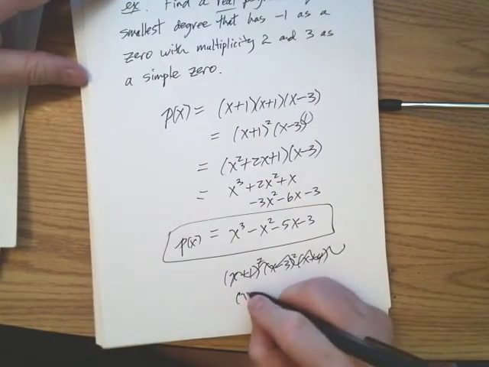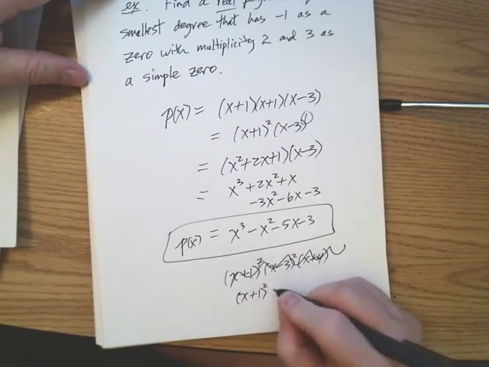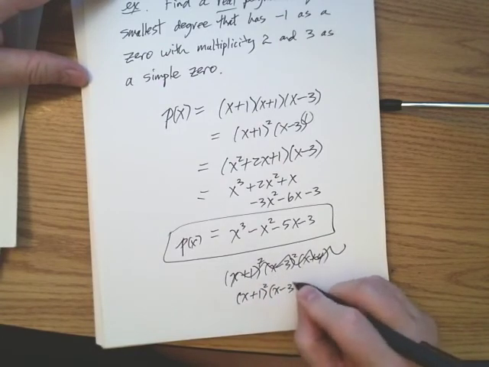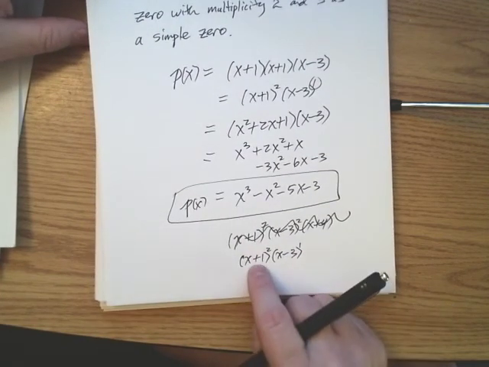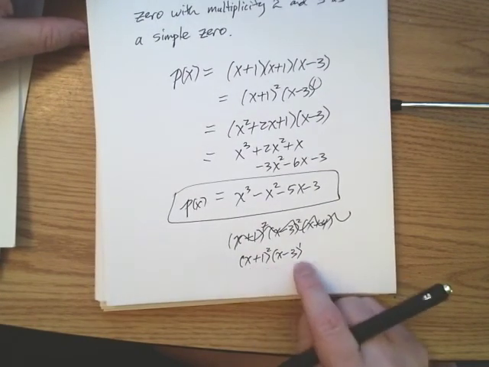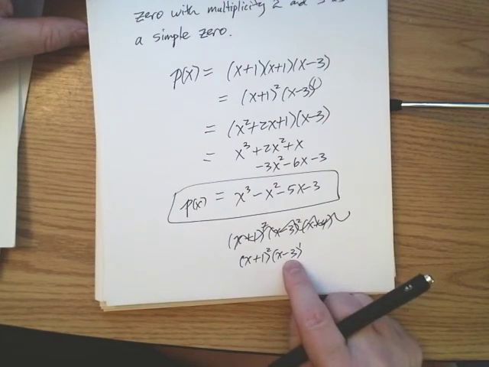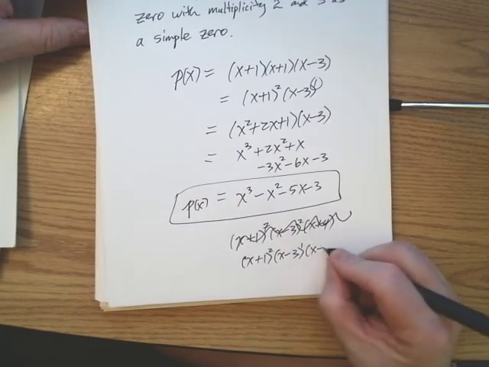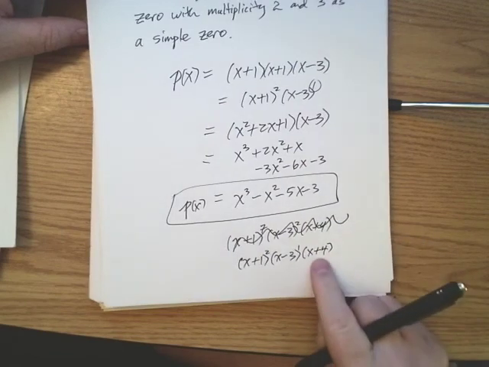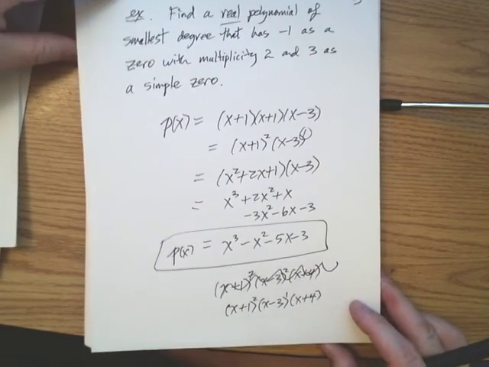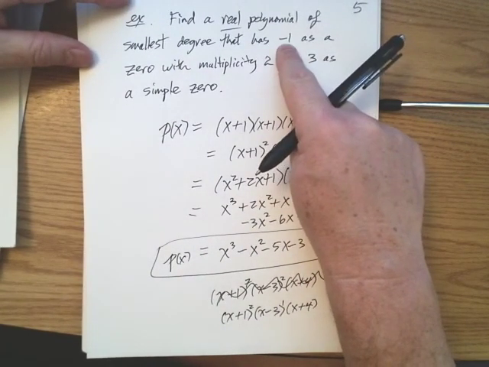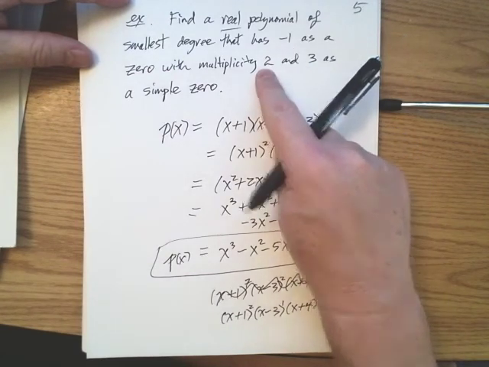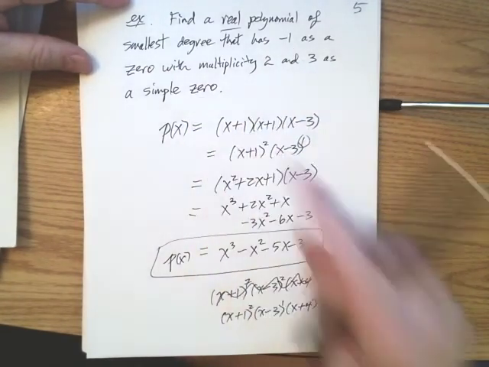But if I did this, first power, you can drop the first power if you want, but I'd have -1 with multiplicity 2, 3 of multiplicity 1, perfect. If I threw this factor in here, x plus 4, I would also have what? -4 as a 0, right? That would not violate the condition that -1 occurs as a 0 with multiplicity 2, and 3 occurs as a simple 0.